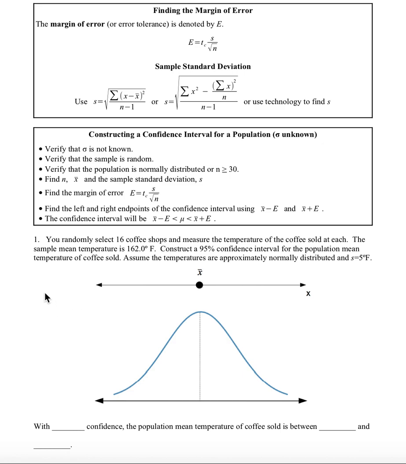On the side, I'm just going to write down the givens for reference. N is 16. The population standard deviation was never given, so we will actually use the next best thing, which is the sample standard deviation S. And that was 5.